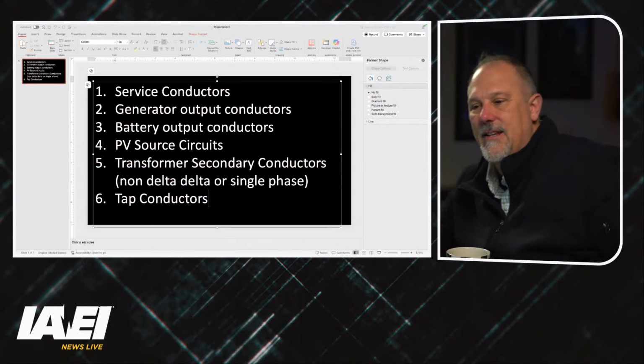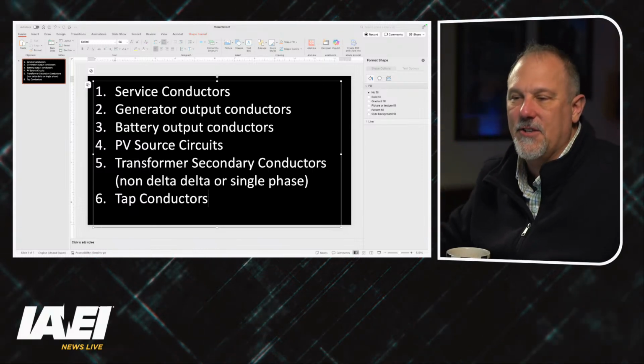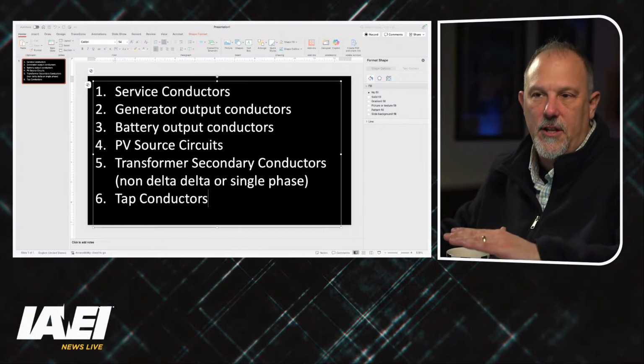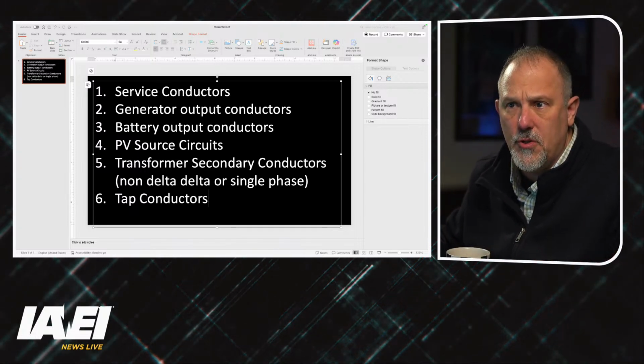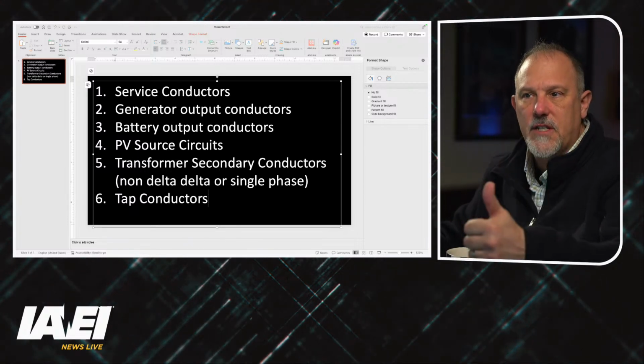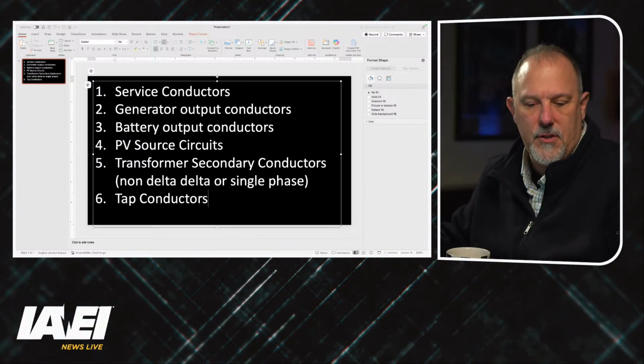So David, what we're talking about now is protection. We've come up with a list of all of these unprotected conductors that are covered by the National Electrical Code and that we'll find inside of a power distribution system. These are all the sources, service conductors, generator output, all those good things.